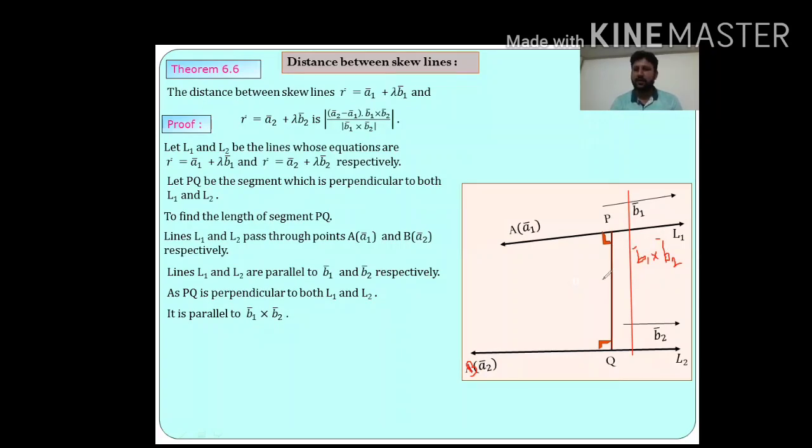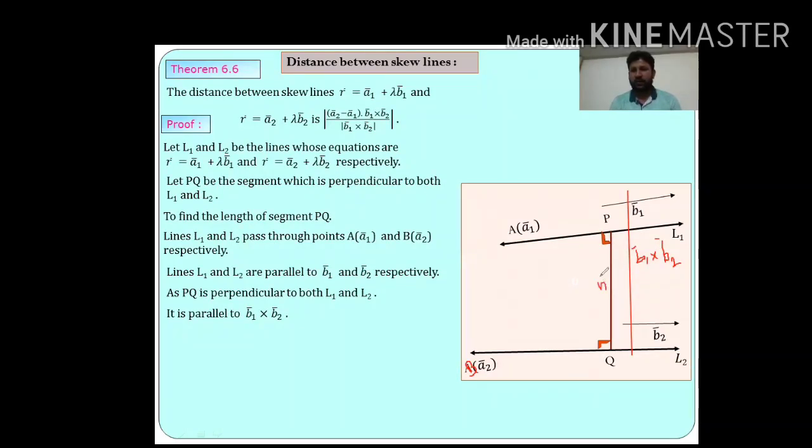So we take here the unit vector along this vector PQ bar, that is n cap. Unit vector n cap along vector PQ bar. A unit vector is one whose magnitude is 1 unit. Let us see.